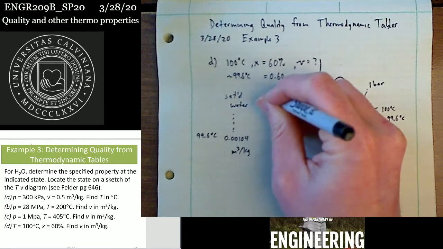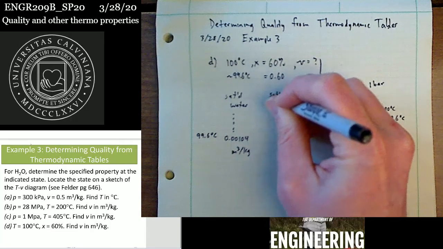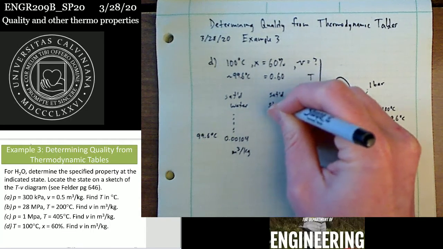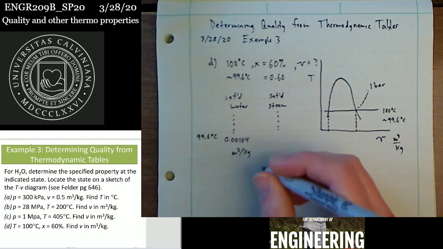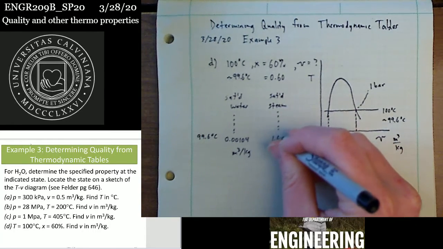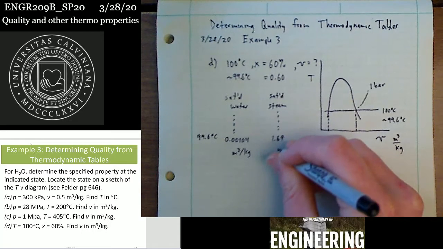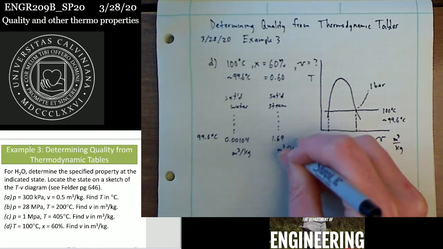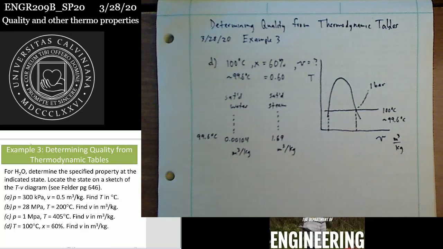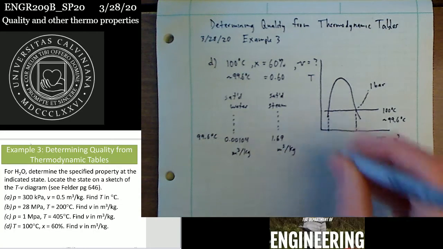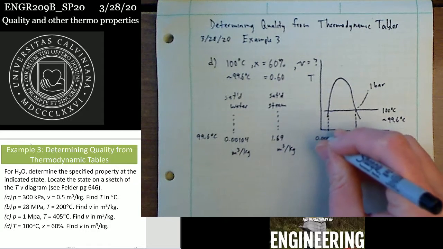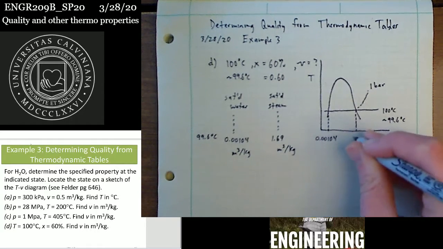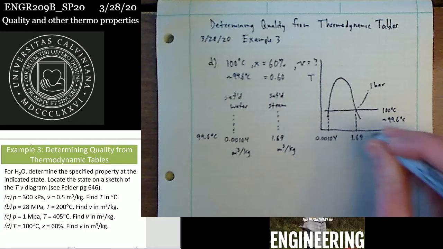And for saturated steam, it's 1.69 meters cubed per kilogram. So that corresponds to these 2 points on our envelope, 0.00104 and 1.69.